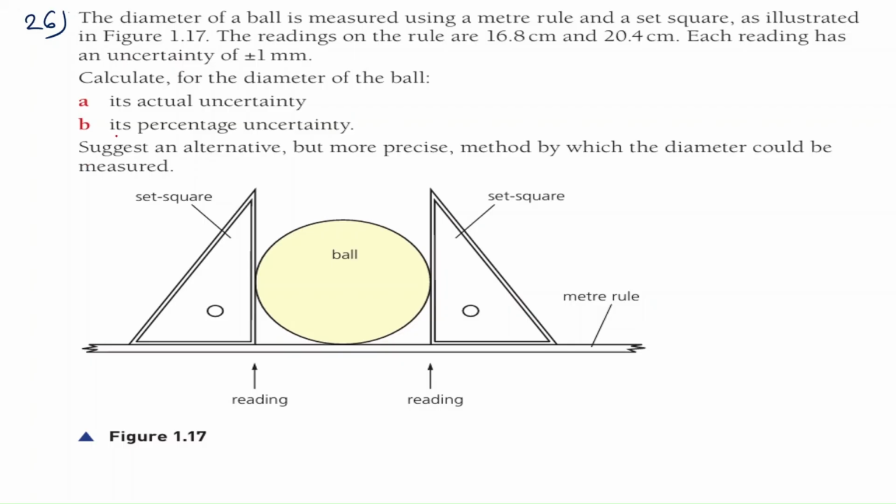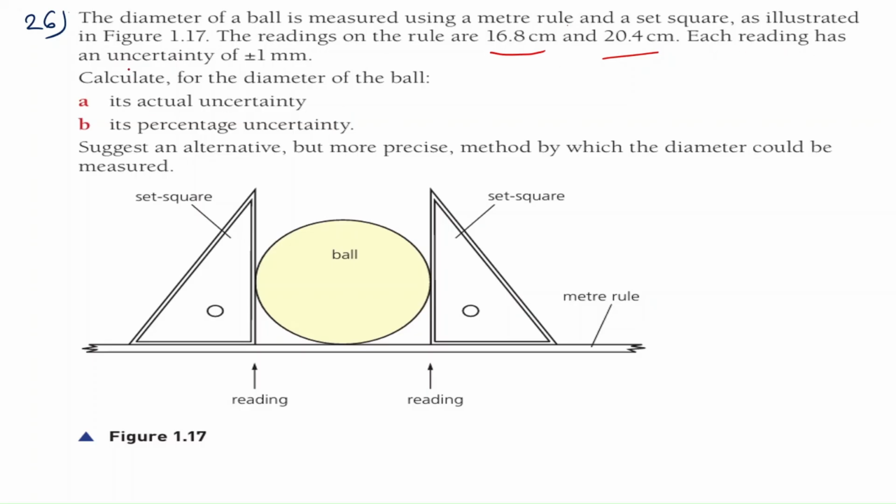Now in question number 26, the diameter of a ball is measured using the meter rule and a set square, as illustrated in the figure. The readings on the ruler are 16.8 centimeter and the second one is 20.4 centimeter.